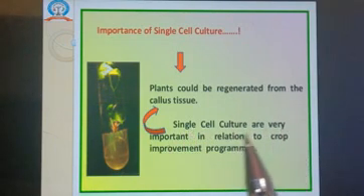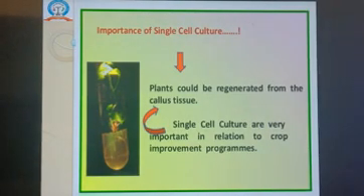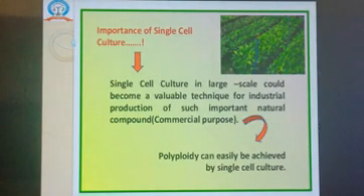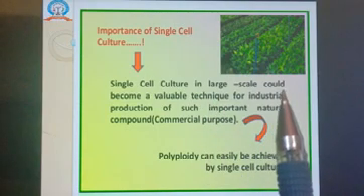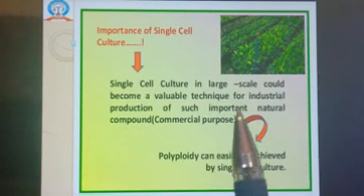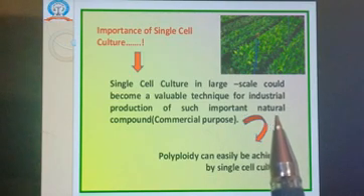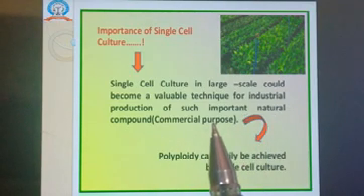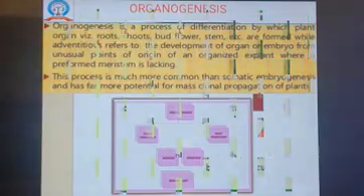Single cell cultures are very important in crop improvement programs, meaning if you want to insert some cells inside a new crop you can use the single cell. Single cell culture on a large scale could become a valuable technique for industrial production of important natural compounds. This is the chemical purpose. Then polyploidy can easily be achieved by single cell cultures.